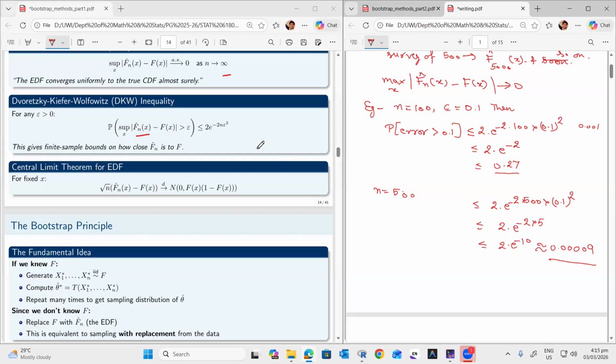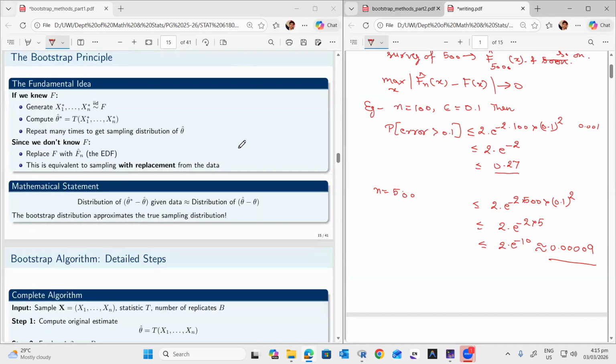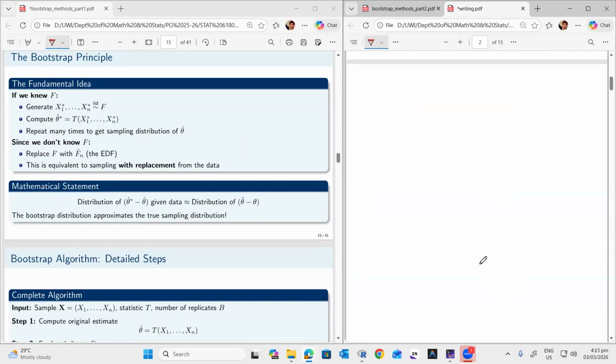All right. So now we will discuss the basic principle of the bootstrap. What is the fundamental idea of the simulation study?